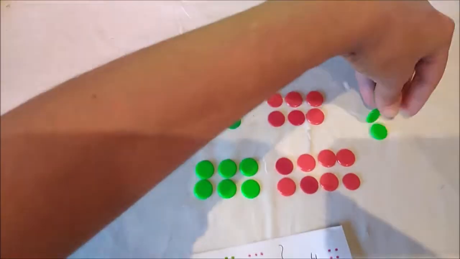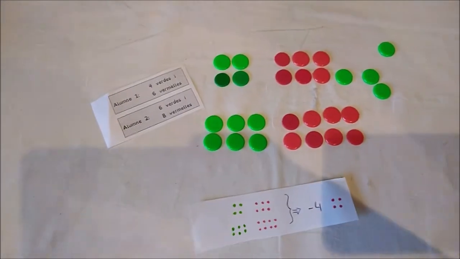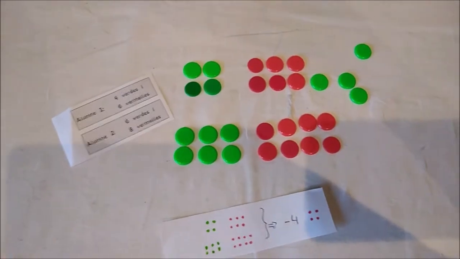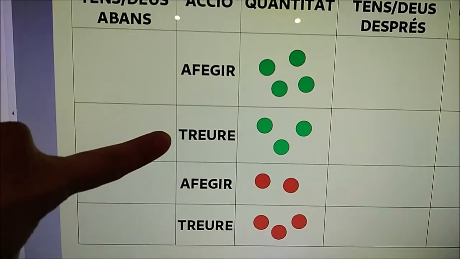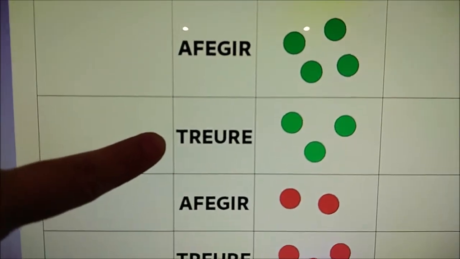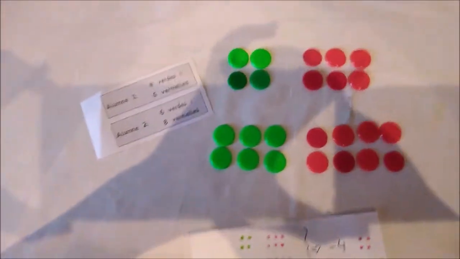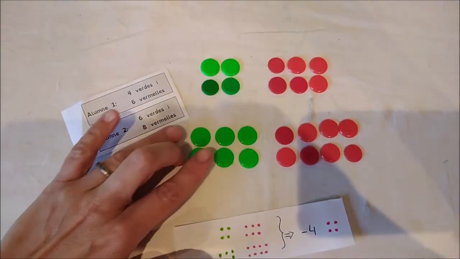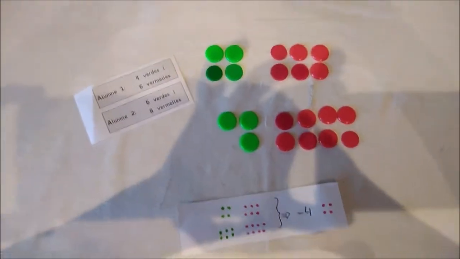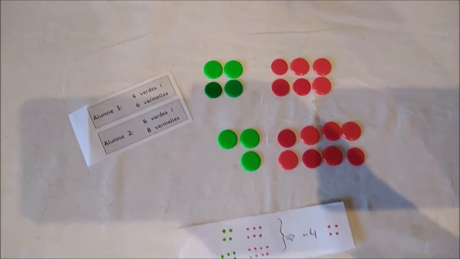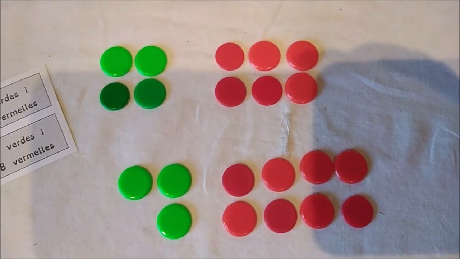So, how much money do we have now? And how can we write it down in numbers? Next instruction says we have to remove 3 positive chips. So, in my example, we have to take 3 positive chips out. How much money do we have, or how much money do we owe, and how do we represent this with numbers?